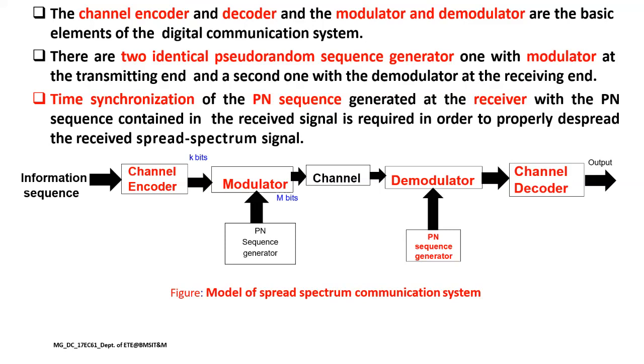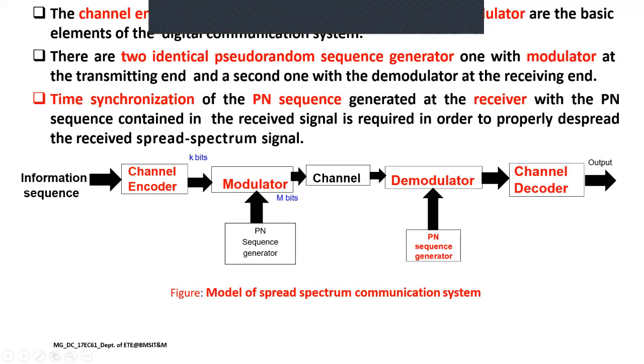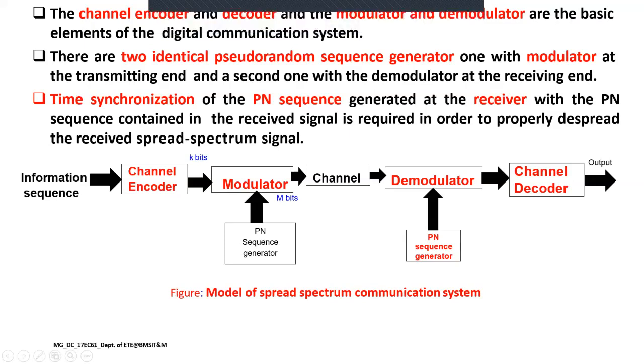So what is special in the spread spectrum communication system? In addition to these four basic blocks, it has a pseudo noise sequence generator at the transmitter as well as at the receiver side, one at the modulator and another at the demodulator.